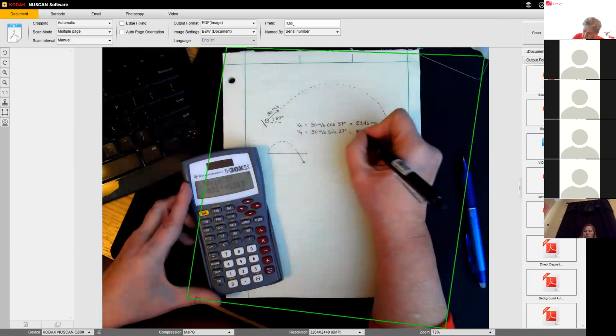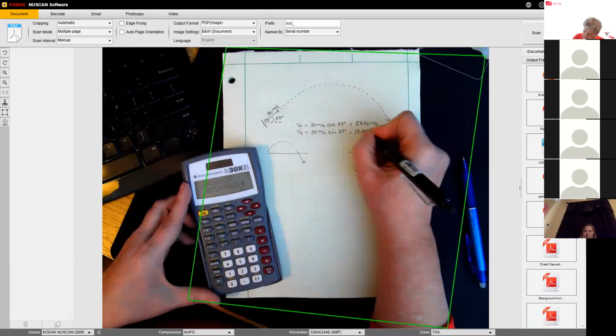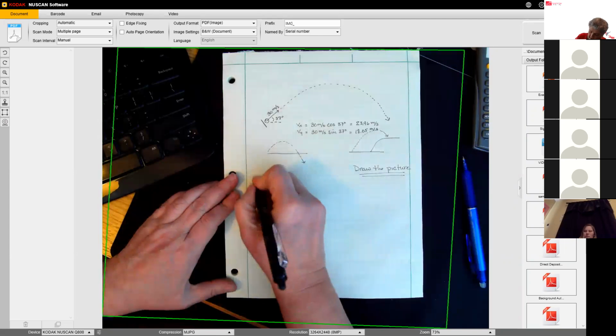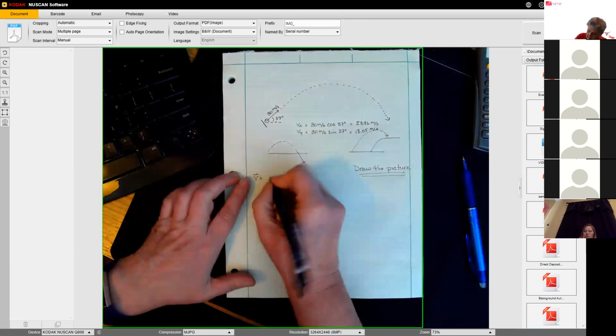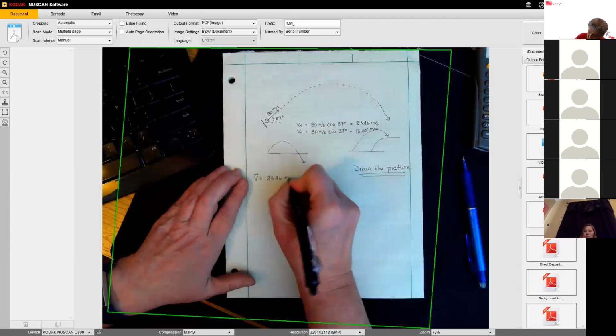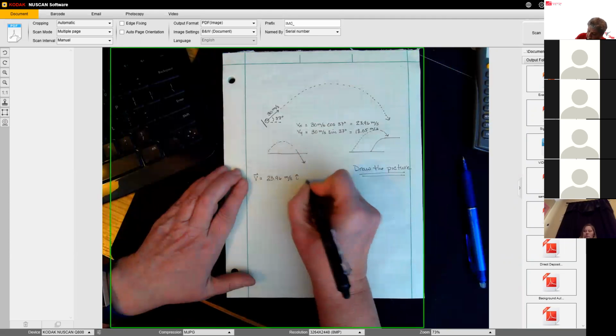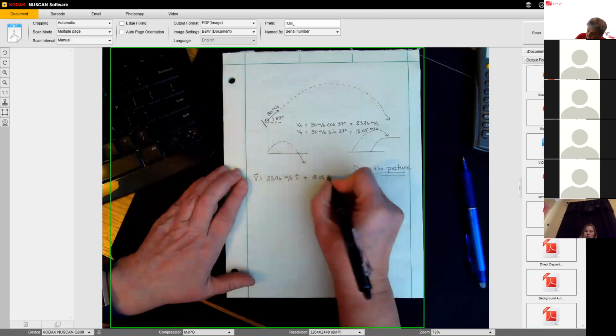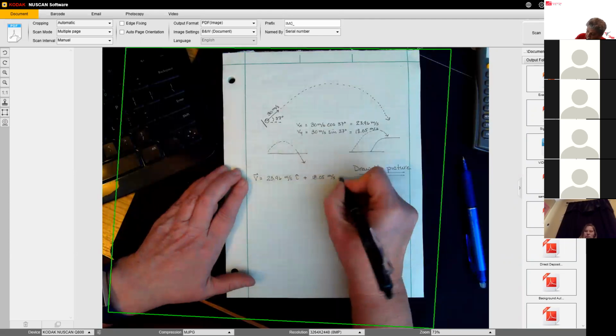And this gives me 18.05 meters per second. And I can write my vector down as 23.96 meters per second in the I direction plus 18.05 meters per second in the J direction.